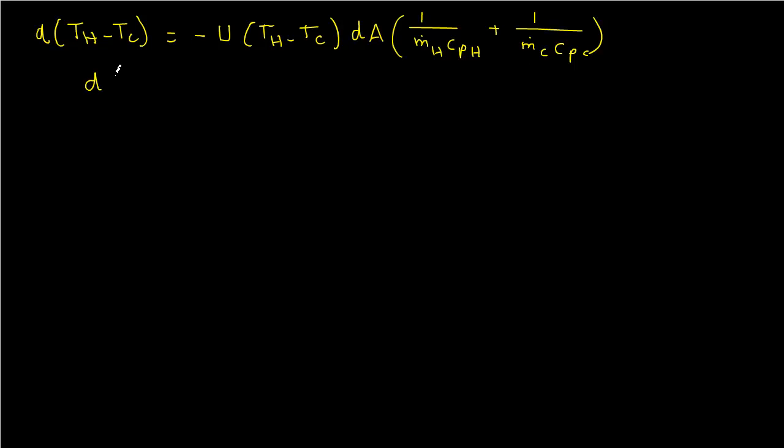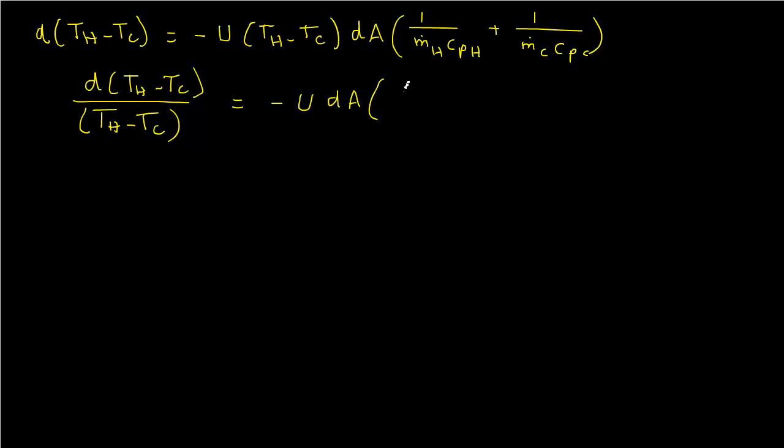Now we can take this d of TH minus TC and divide this by the TH minus TC, which comes from the right hand side of the previous equation, and that equals then minus U dA times, in parentheses, 1 over m dot h cph plus 1 over m dot c cpc.